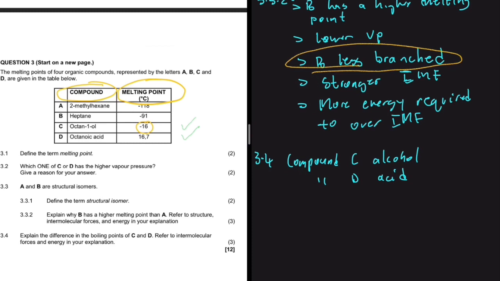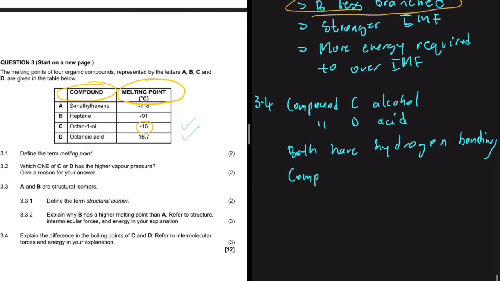But if they both have hydrogen bonding, then why do they have different melting points and consequently different boiling points? That is because compound D, our acid, has two sides of hydrogen bonding versus compound C that has only one side of hydrogen bonding.